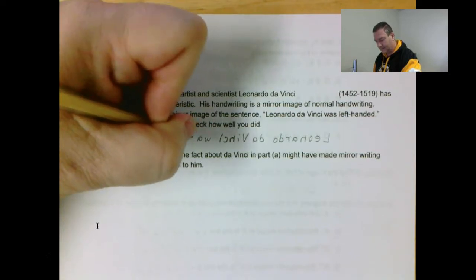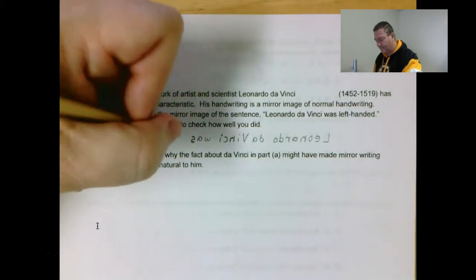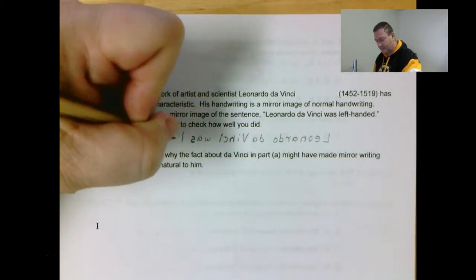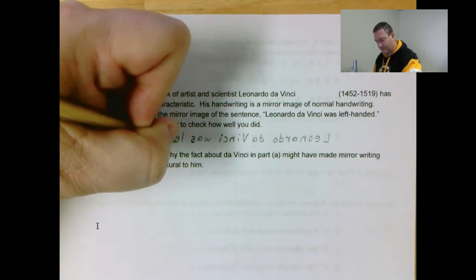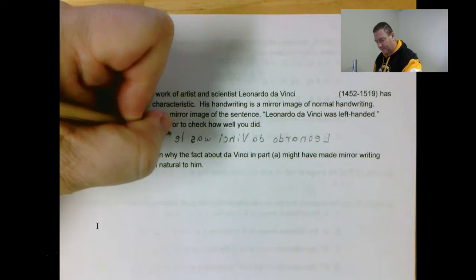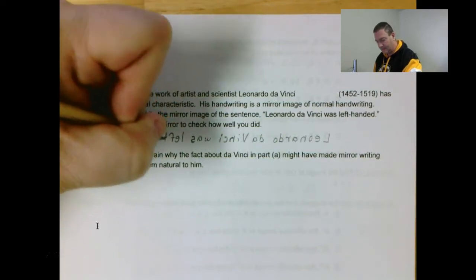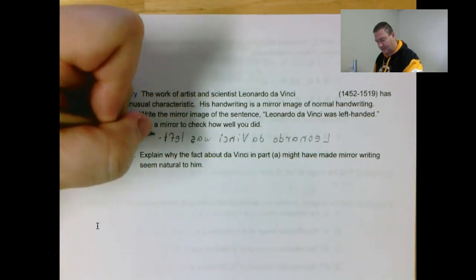S gets reversed. L doesn't change. E gets reversed. F gets reversed. T doesn't change. Dash. H gets reversed.